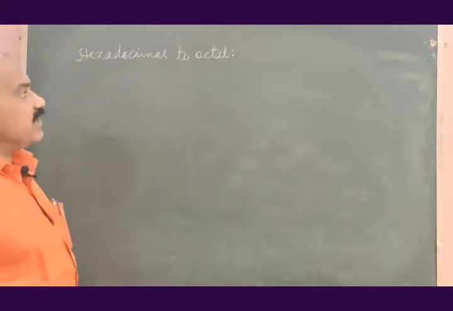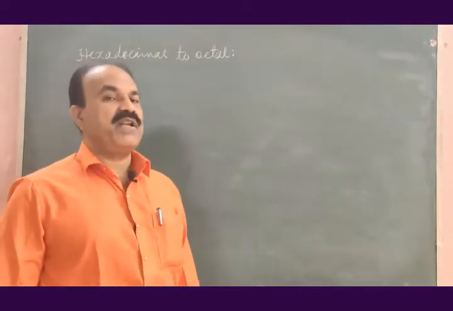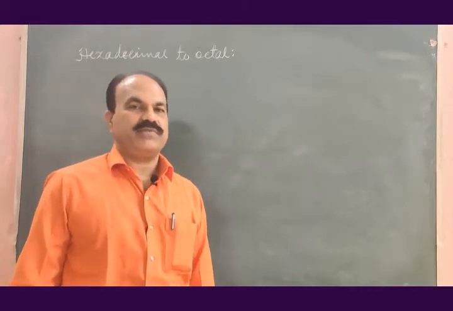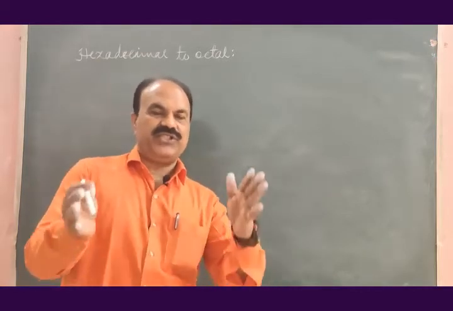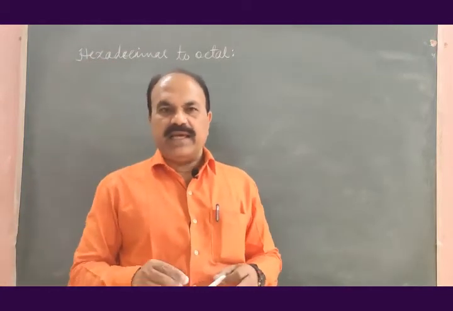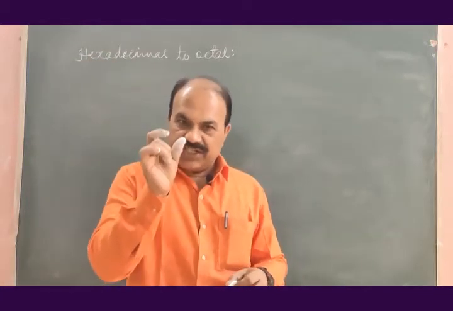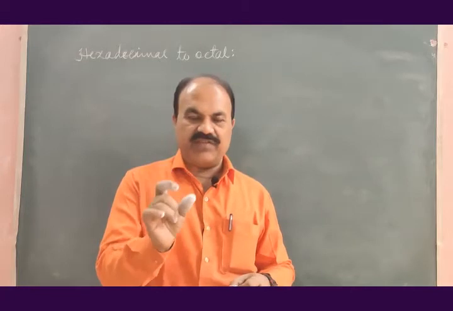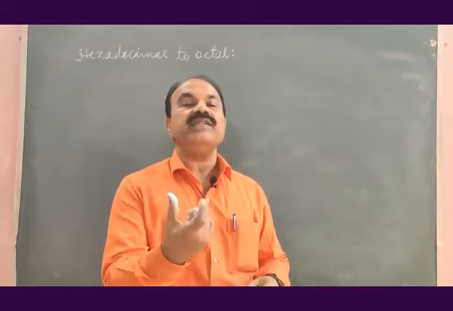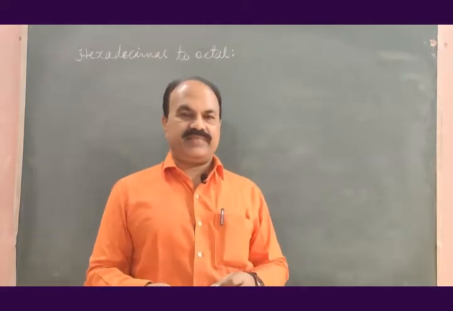When we are given a number in the hexadecimal number system and asked to convert it to the octal number system, consider the number given in hexadecimal. Replace each digit of the given hexadecimal number by its 4-bit binary equivalent.